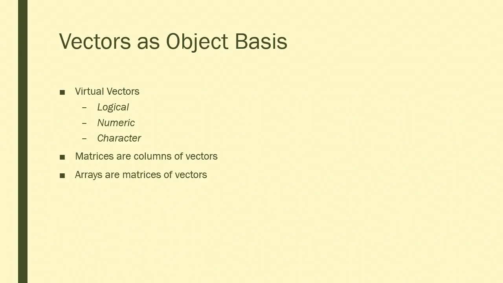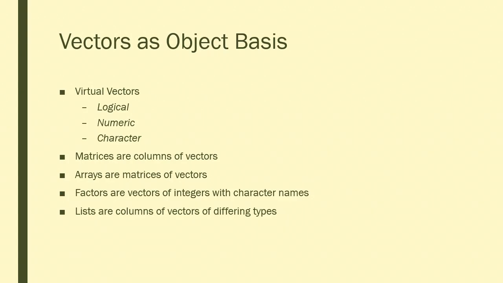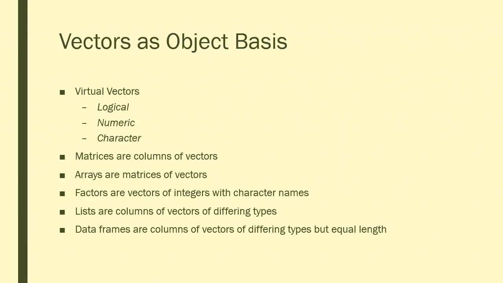Arrays are matrices of vectors. Factors are vectors of integers with character names. Lists are columns of vectors of differing types. And finally, data frames are columns of vectors of differing types, but with equal length, which is why a data frame is a special case of a list.